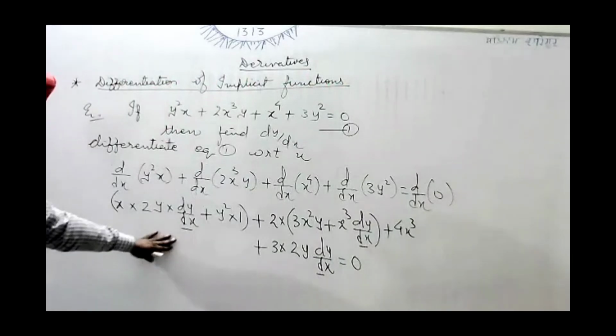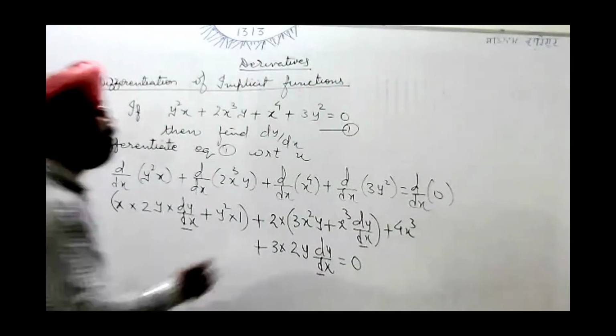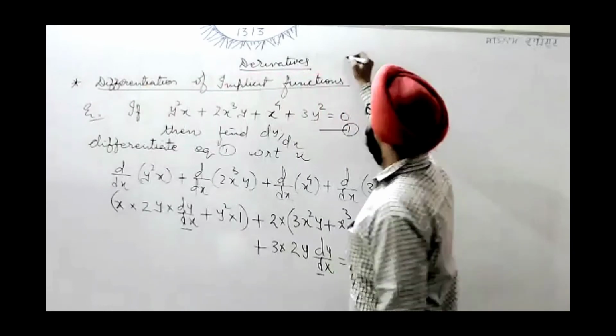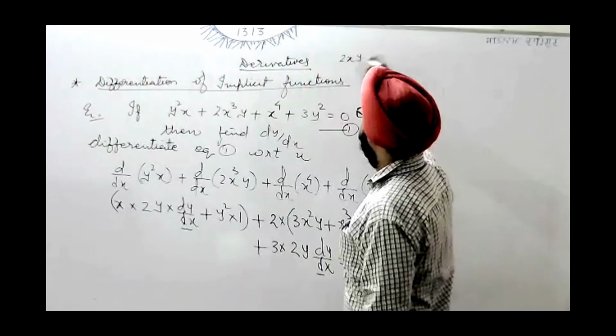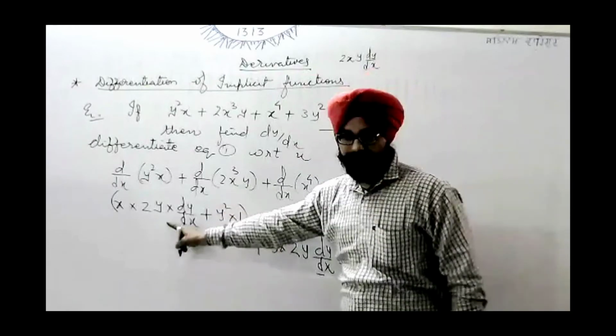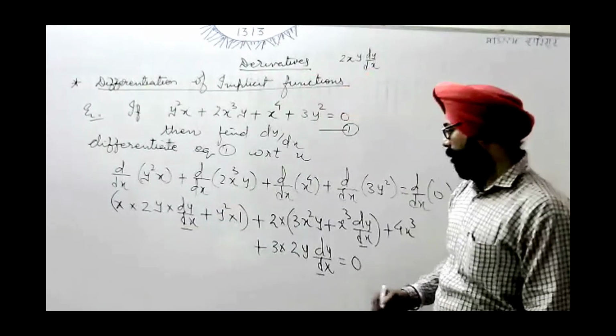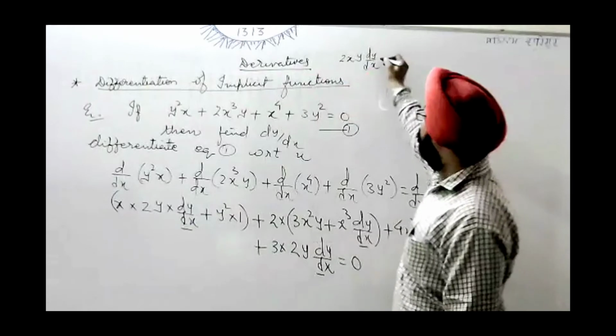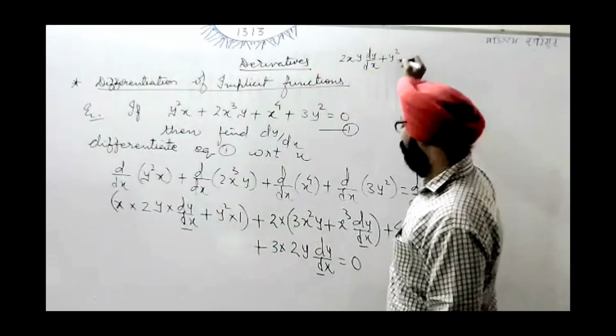First, simplify. 2xy dy by dx. This is first one. Plus y square.